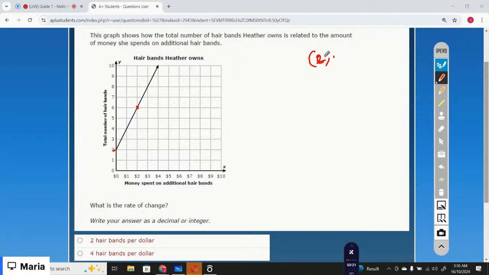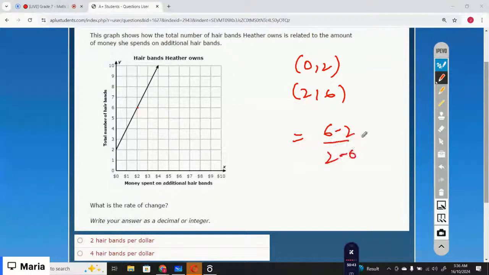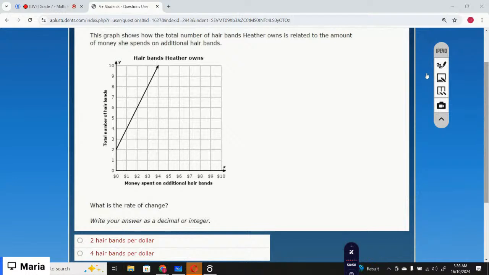That is 6 minus 2 divided by 2 minus 0. 4 over 2. The correct option is 2. That is 2 hair bands per dollar. Option number 1 is the correct option.